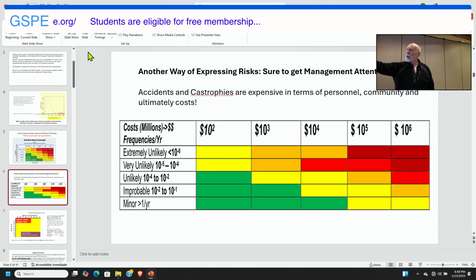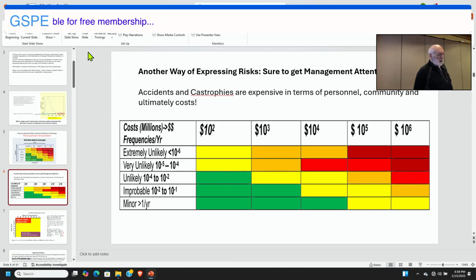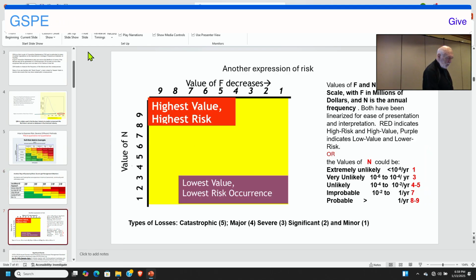And their frequency, extremely unlikely, and this is in terms of per year. So you might be 10 to the minus sixth down to minor, which could be a frequency of 1 per year, or 1 per month, or something more frequent.